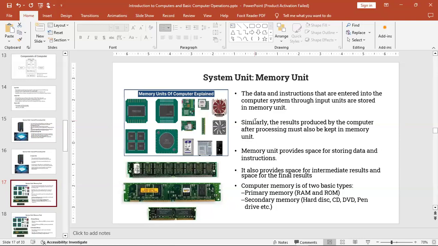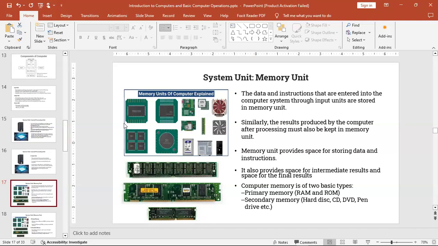And where is it stored permanently? What is the device or component responsible for doing this? It is the memory unit. Are we together? Yes. Are we together, class? Yes.